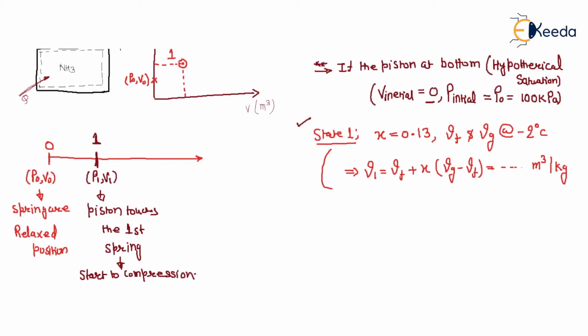So this is point one. What is the volume here? This is the initial volume, given as 1 meter cube, right? And at this point, state one is in the two phase region.